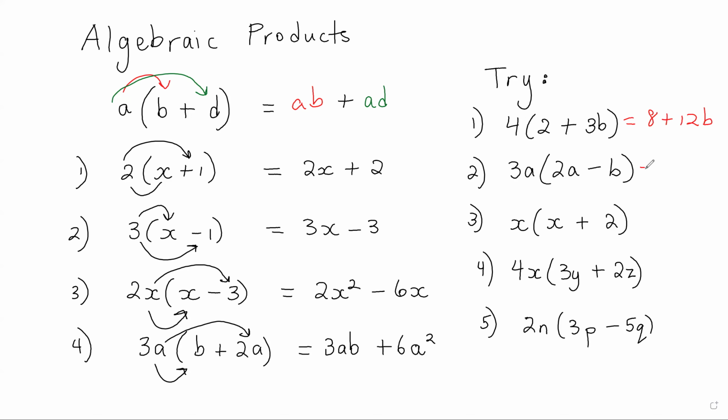Then 3a times 2a is 6a squared, minus 3ab, because 3a times minus b will be minus 3ab. x times x is x squared. x times 2 is 2x. 4x times 3y will be 12xy plus 4 times 2 is 8, and then x times z is xz. And the last one, 2n by 3p, 2 times 3 is 6, n by p is np. And then 2n times minus 5q will be minus 10nq.